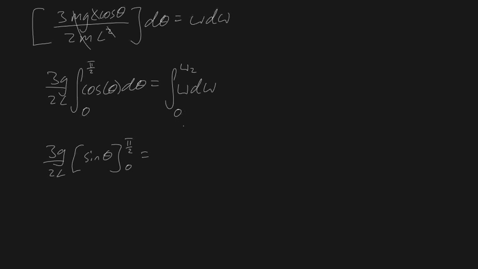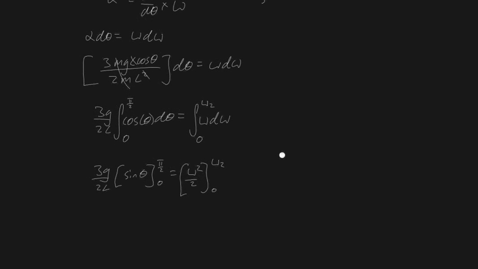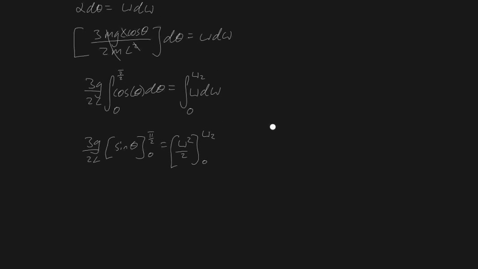And let's do the right-hand side. What's omega integrated? It's just omega squared on 2 with limits from omega 2 and 0. Once you plug through the mathematics, what we're left with is 3g on 2l times sine pi on 2, which is just 1, minus sine 0, which is 0. And on this side, you're left with omega 2 squared on 2 minus 0.